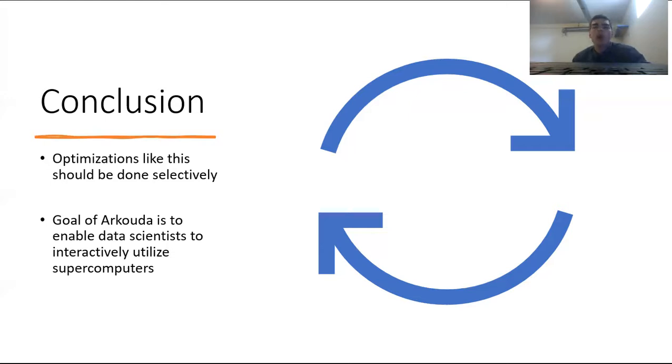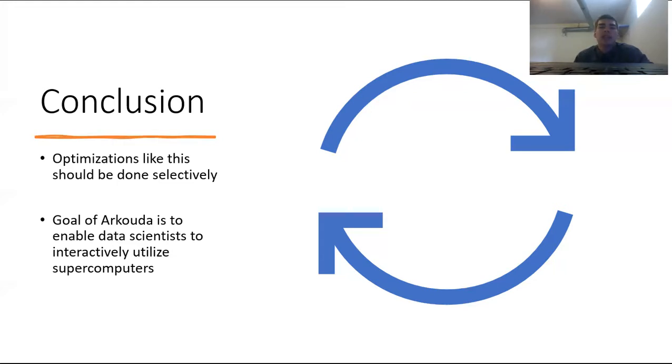And also, I think while it could be valuable as an Arkouda server developer to keep in mind the server call slowdown when implementing new features, what's even more important to remember is the goal of Arkouda, which is to enable data scientists to interactively use supercomputers for data science tasks.